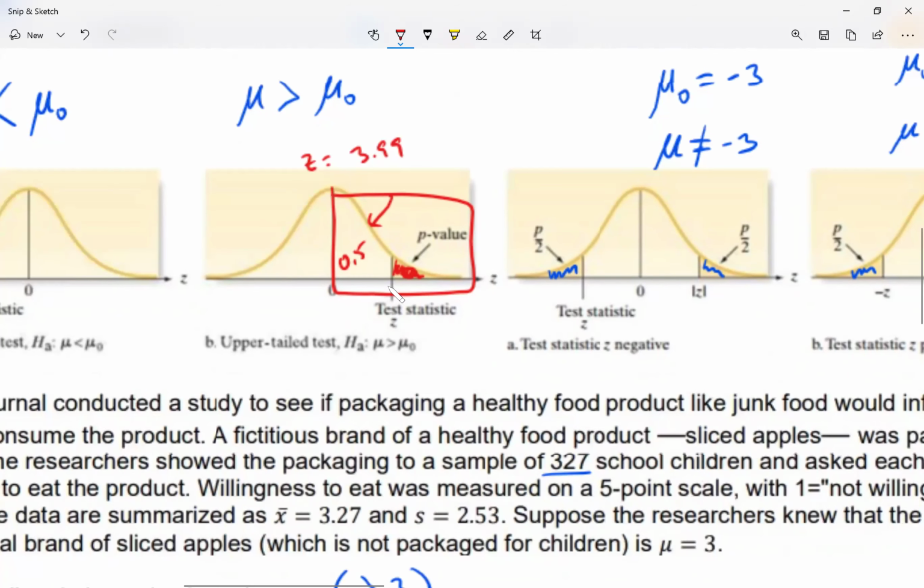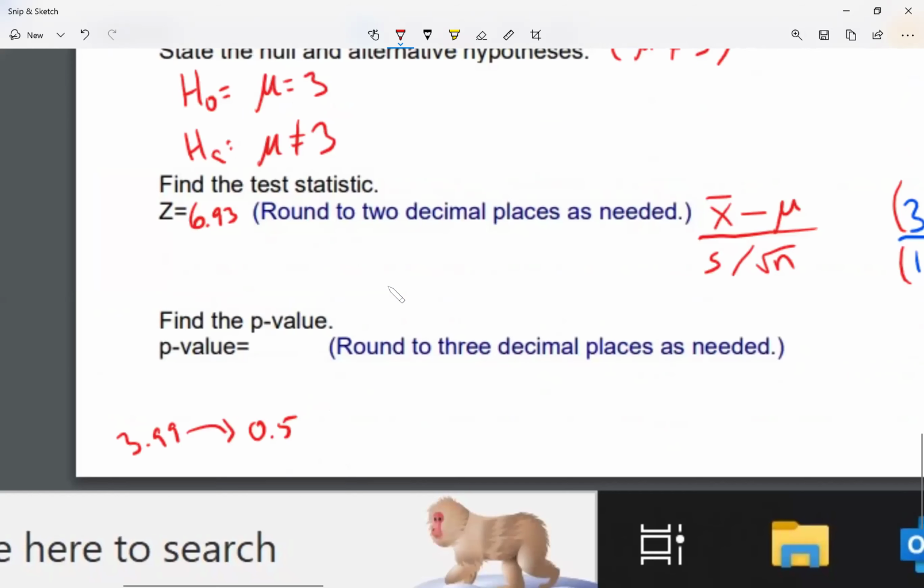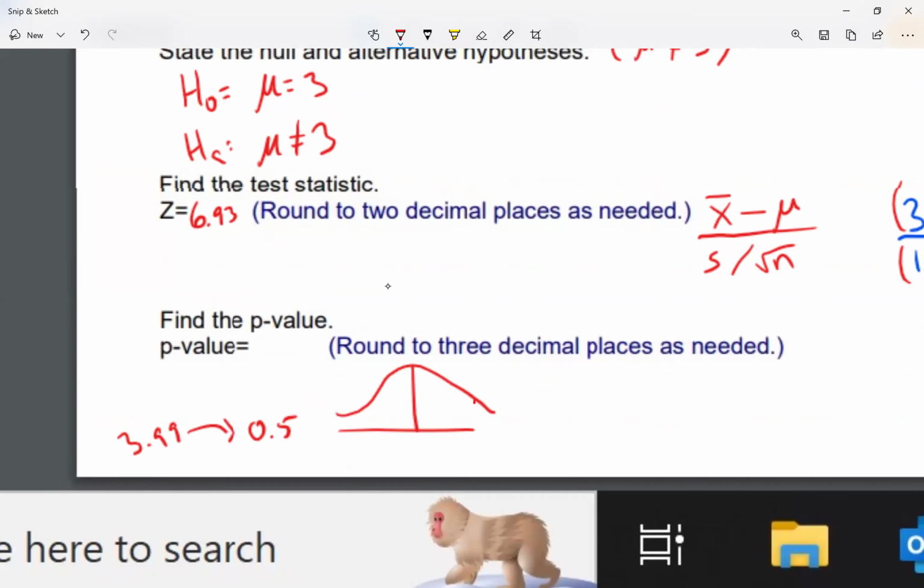So let me come back here. If 3.99 is 0.5, right? This area is 0.5. That means the p-value is 0. Well, what will 6.93 be?